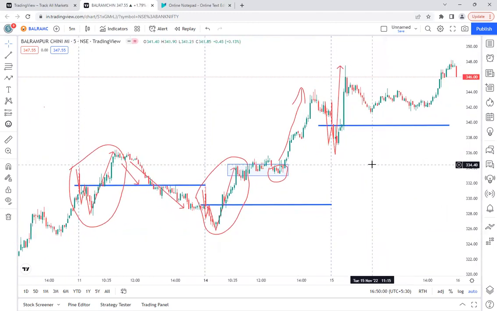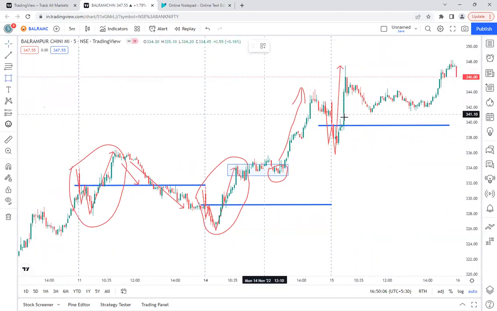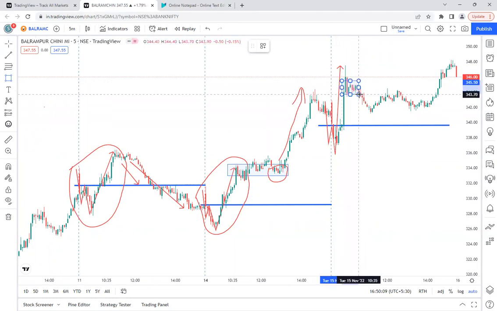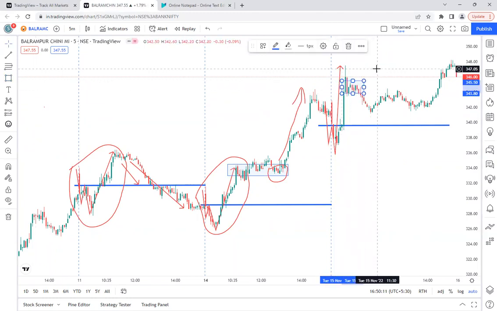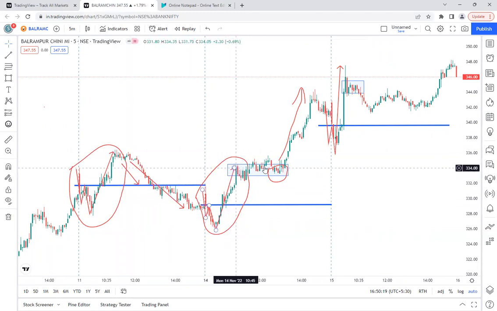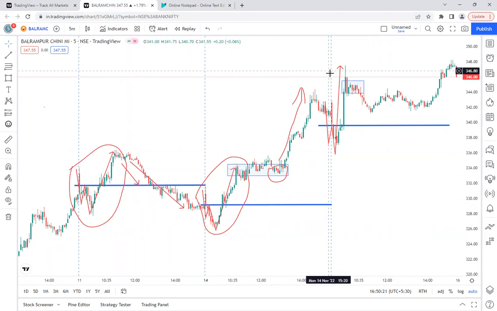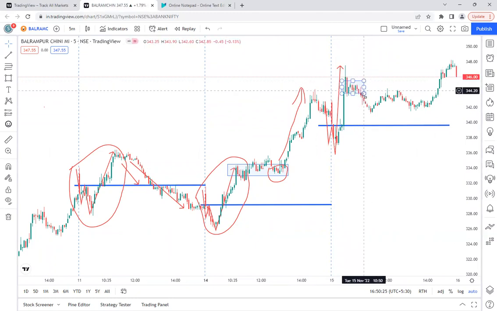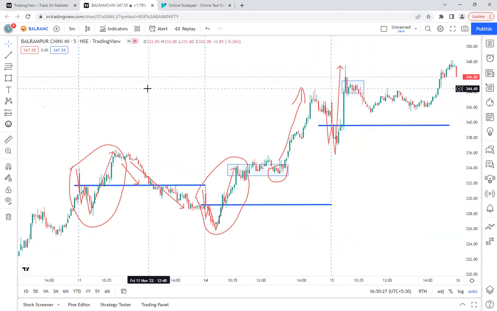After coming to that high, they spent some time. Here also they spent a short duration. After reaching the high, they spent some time and then fell down. After reaching this side, they spent some time and went towards the upside direction. Here also, after reaching that high, they spent some time and they fell down, right?